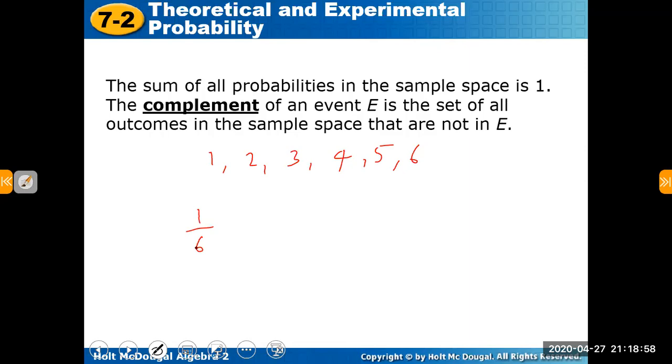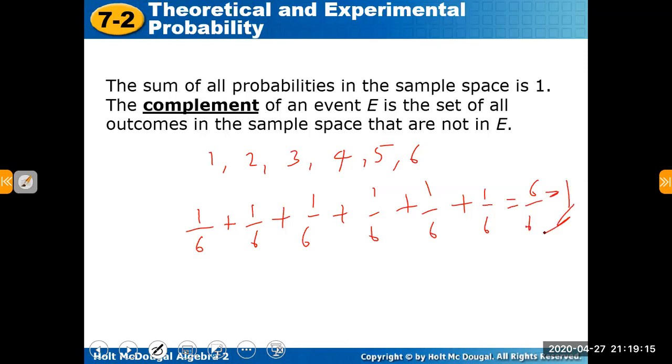If I add up the total probability of all the numbers, I will get 6 over 6, which is 1. So that is what it means. The sum of all probabilities in the sample space is 1.